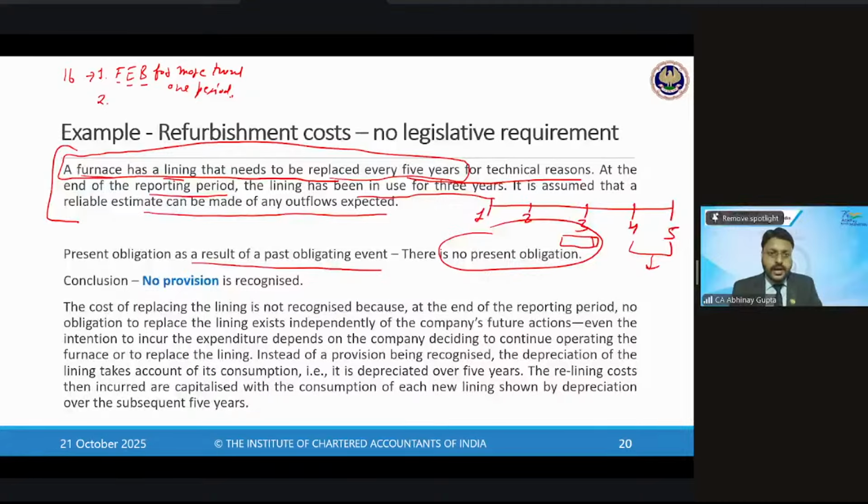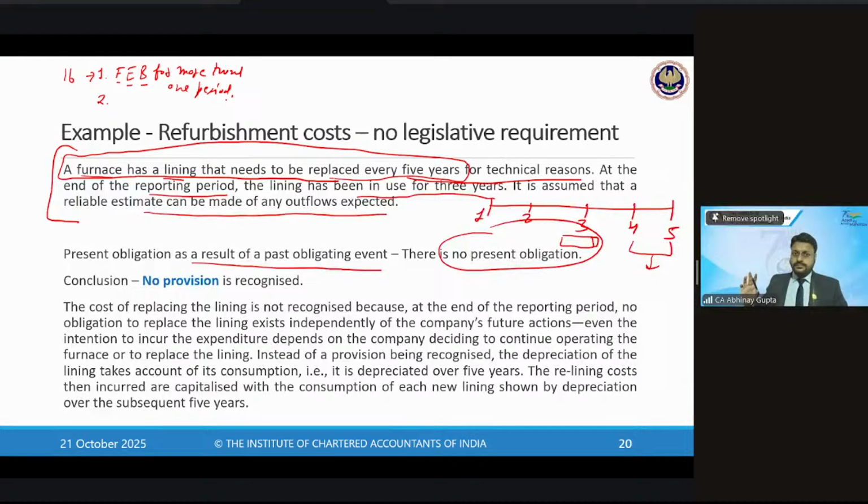And it must be probable. If it is not probable, then it doesn't mean anything, right? So probability is definitely there, but for more than one period. If the future economic benefits are expected to arise within the same year, then is it PPE or not? No. So the condition under Ind AS 16 is future economic benefits for more than one period.